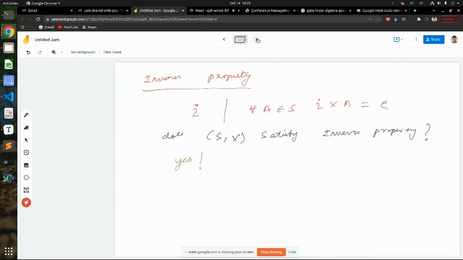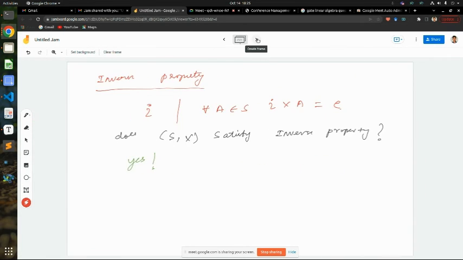Right? Now because of the given condition that ABC is not equal to 0, the determinant of A will not be equal to 0 for all A that belongs to S. Now this immediately implies that A inverse exists, or rather A inverse into A will be equal to I, the identity matrix.